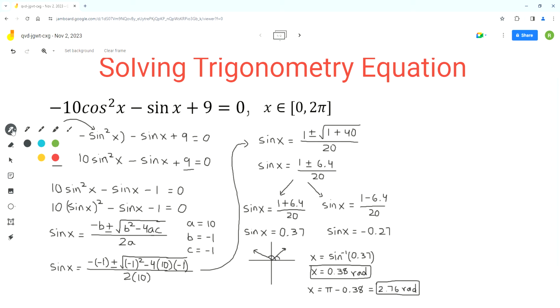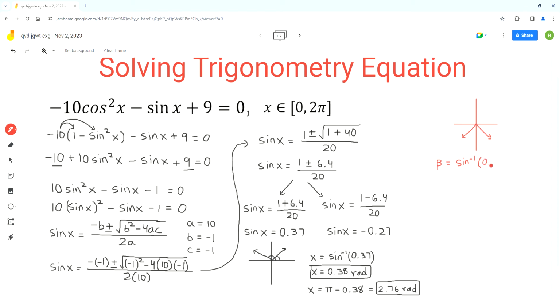Now we can analyze the negative case. I can use a different color for that. So for the negative case, first we have to identify the quadrants. Sine is negative in quadrants 3 and 4. So the first step is to find the reference angle or the related acute angle, and for that we'll do the inverse of sine of positive 0.27.